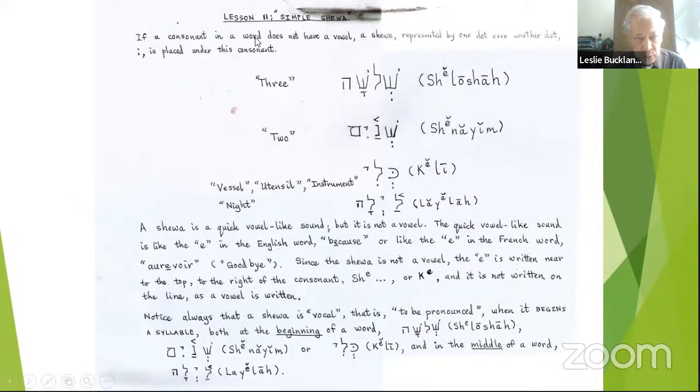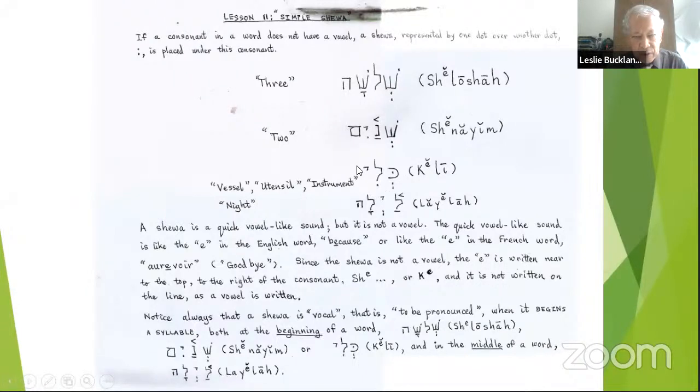If a letter in a word does not have a vowel, a schwa is placed under that letter. Shenayim.